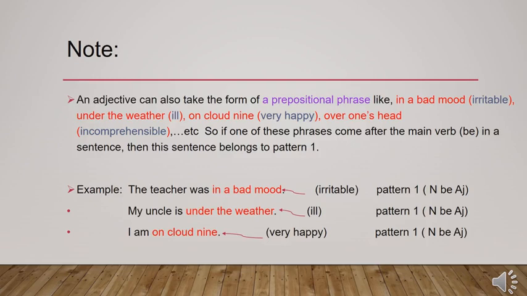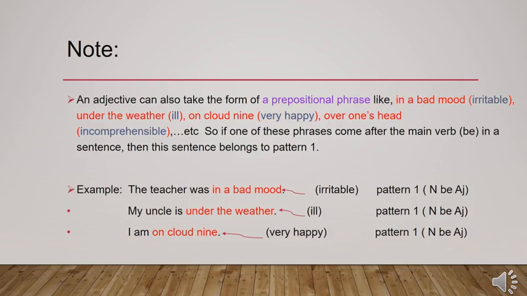Now let's take this note about pattern number 1. We've said that the structure of pattern number 1 consists of N, be, adjectival. The third position is occupied by adjectives or adjective phrases. However, the third position can also be occupied by a prepositional phrase.